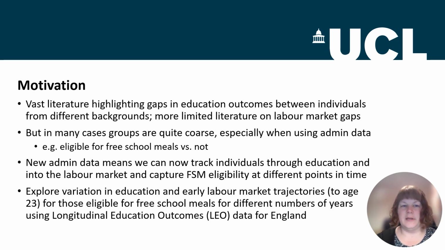So, for example, in a UK context, we have an indicator of low family income, which suggests whether a student is eligible for free school meals or not. In that case, the group is just split into two, one who is eligible, one who is not. And there's obviously potential for substantial variation in outcomes within those two relatively large groups.